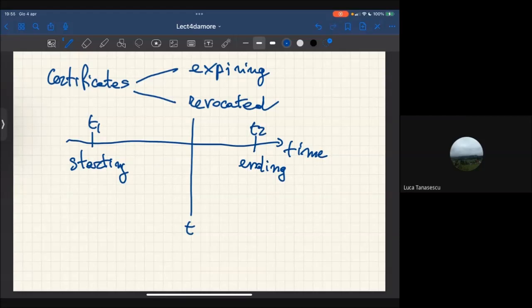So if I want to revoke this certificate, I need to find a mechanism for informing people that the certificate has been revoked. Is it clear?